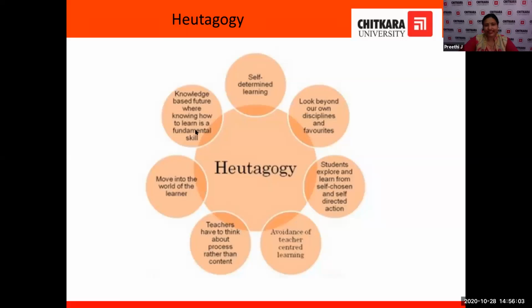And finally, this is how the future is happening, where knowing how to learn is a fundamental skill. So it's not just learning the content skill or certain skills, but even knowing how to learn, because we have seen, especially this year, there are so many skills that all of us had to pick up in order to be adaptive, agile, flexible to the situation that came to us.